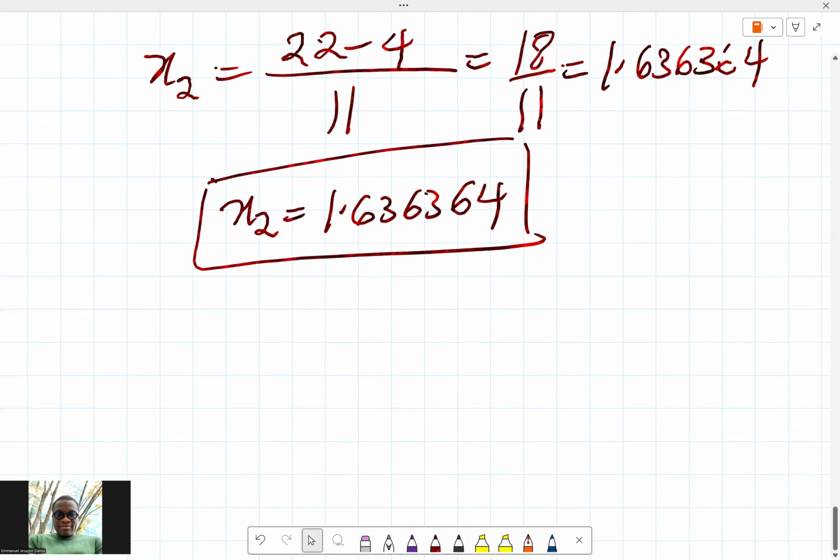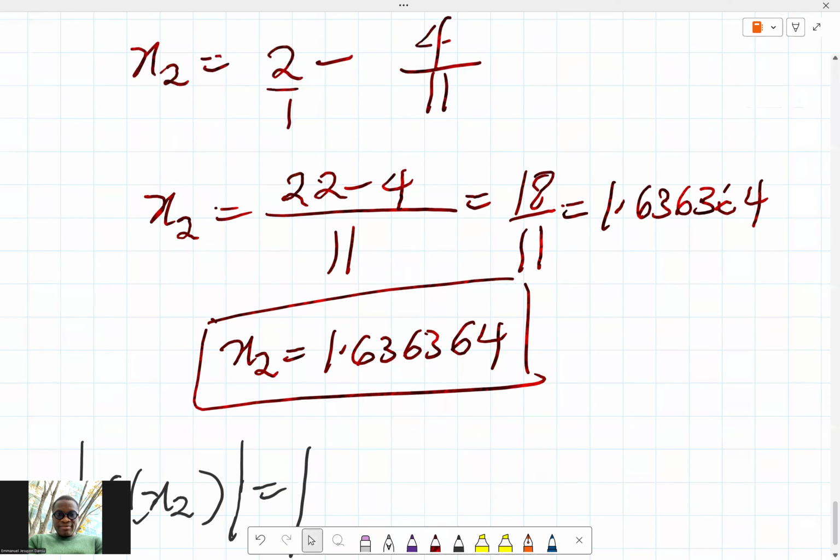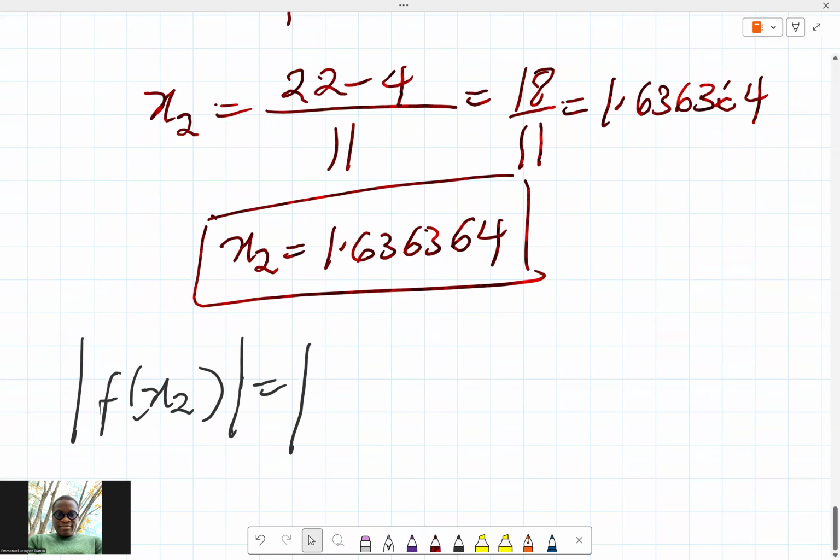So the next thing is to check if we have arrived or not. So we need the absolute value of f of x2. And for the absolute value of f of x2, I mean, the decimal might be convenient in this case. So we have 18 over 11, I mean, the fraction, right? 18 over 11 cubed minus 18 over 11 minus 2.